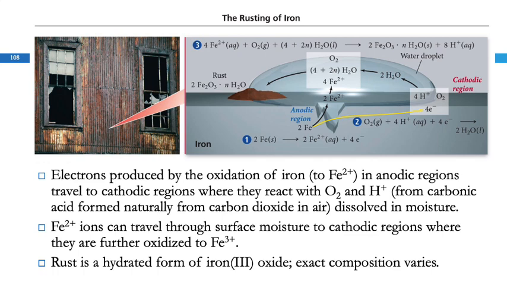So what rust really is, is a hydrated form of iron 3 oxide. And it's not a pure substance, though. The composition of it can vary. It could have different amounts of waters of hydration, and you could conceivably also get some mixed oxidation states for the iron.